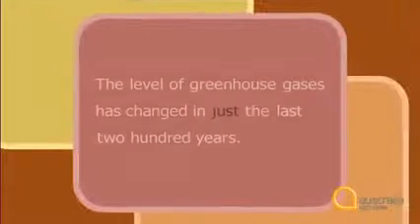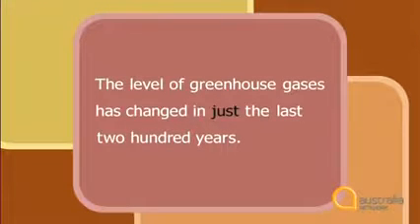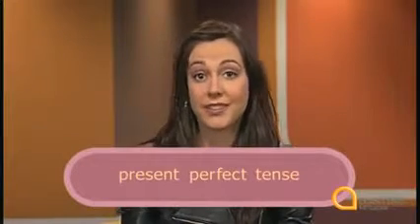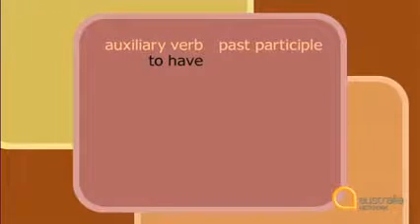She says that the level of greenhouse gases has changed in just the last 200 years. By using the word just, she is telling us that 200 years isn't very long in geological time. It's only just happened. She's also using the present perfect tense. Let's have a look at how we structure the present perfect tense. We use the auxiliary verb to have and a past participle. So here's our auxiliary verb, to have.